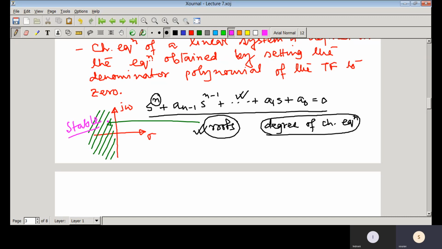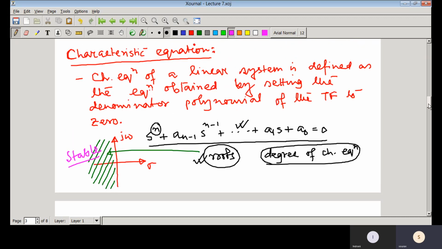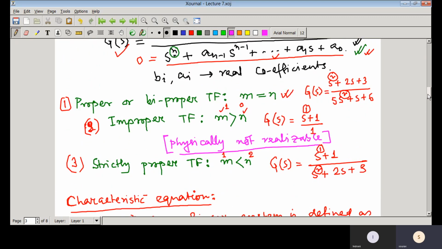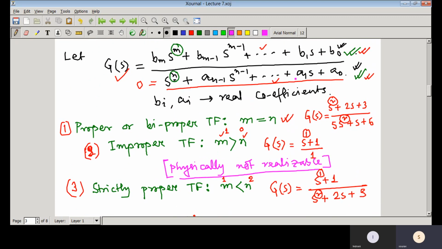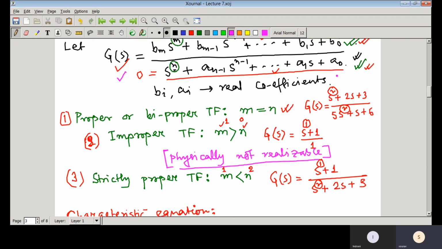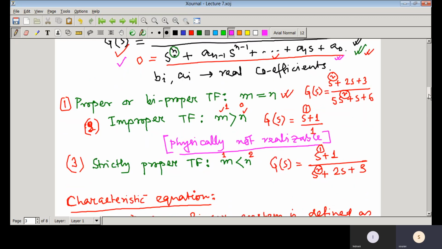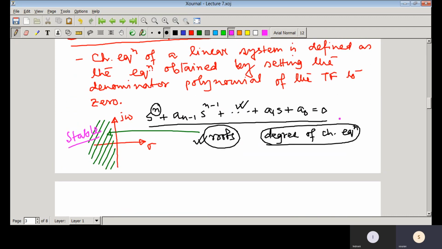So what is the characteristic equation? Whenever you have a transfer function, you just write the denominator polynomial equal to 0. Then you find the roots of that polynomial, and if the roots lie in the open left half of the complex plane, then the system is stable.